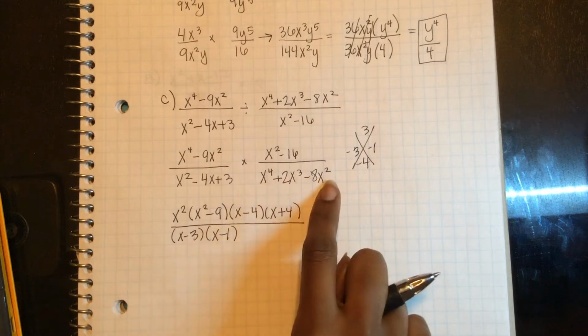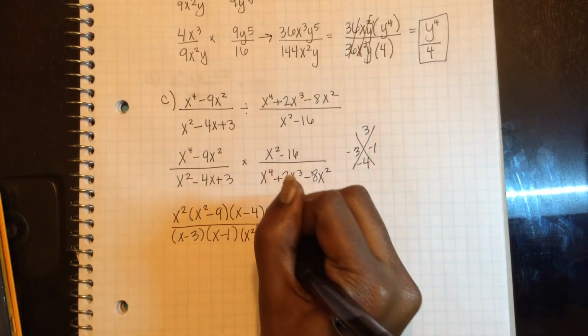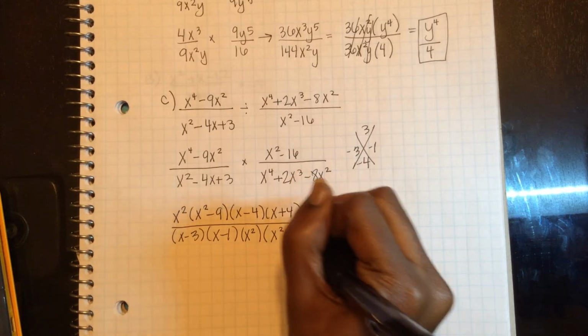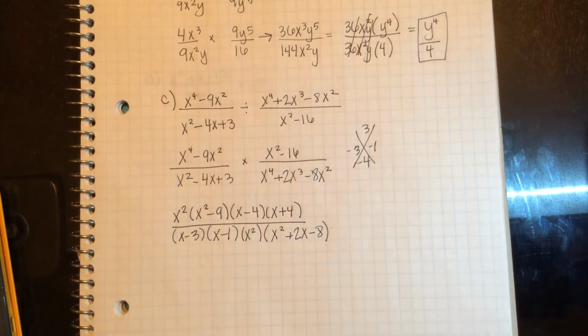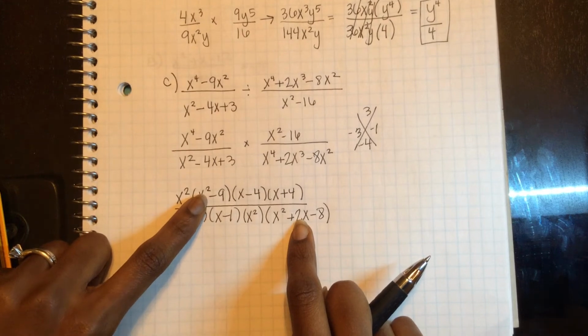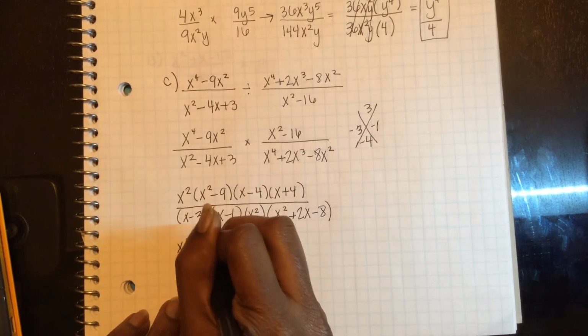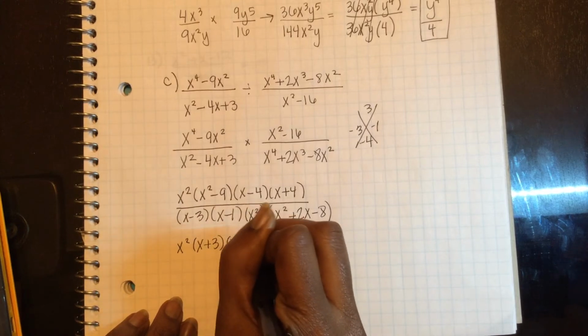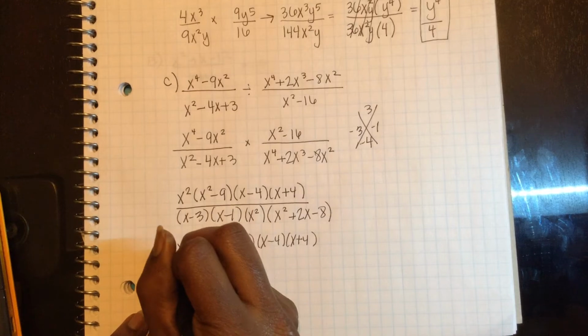And then I see this trinomial has a GCF of x squared, and that's going to leave x squared plus 2x minus 8. So I factored, but I could still factor this binomial and this trinomial some more. First, x squared minus 9, I know is x plus 3, x minus 3 as a difference of squares.